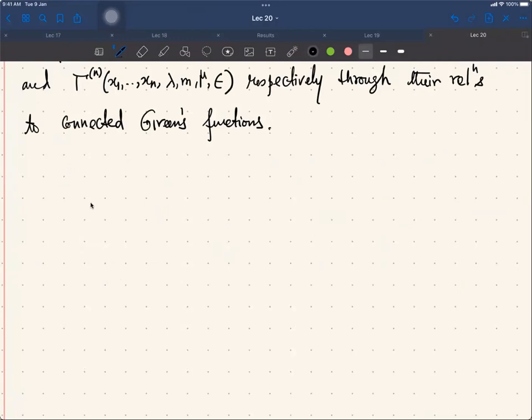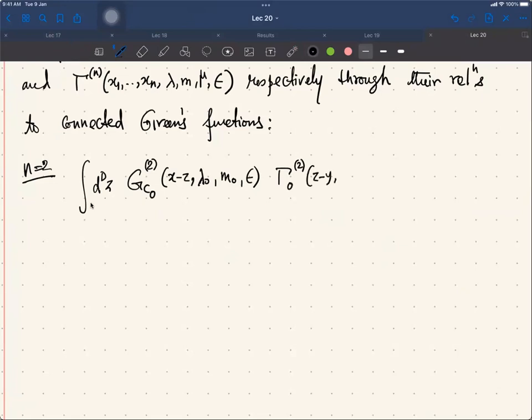So for n equal to 2, one should have the integral over z of G connected bare 2-point function (x minus z, lambda 0, m0, epsilon) times gamma 2 bare (z minus y, lambda 0, m0, epsilon).